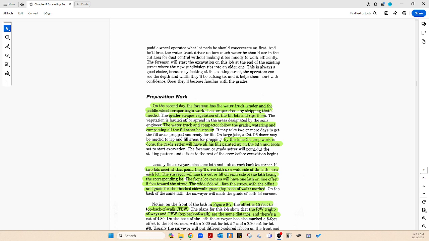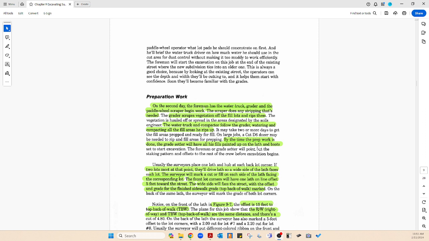The water truck and the compactor follow the grader, watering and compacting all fill areas. This is before we start putting fill there. By the time the prep work is done, the grade setter will have all fills painted up on the lath and boots. Now it talks about that in the book.